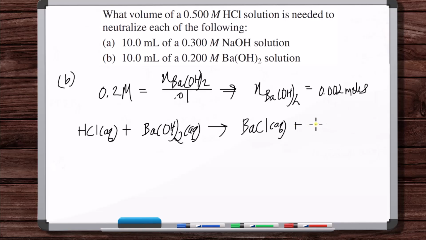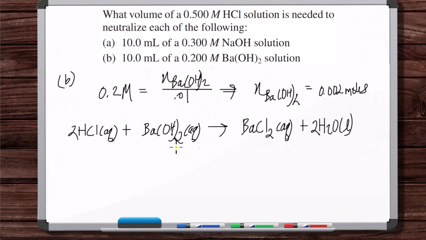And then water. So now we need to balance this, but okay, wait, no, this is BaCl2 because you have Ba2+ and Cl-. Okay, so balancing this, we need a 2 here to balance the chlorines. Now you have 4 hydrogens on the left, 4 on the right, 2 oxygens on the left, 2 on the right, 1 barium on the left, 1 on the right.